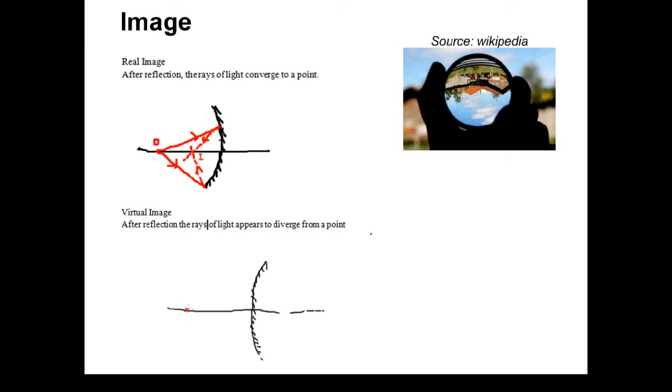Now the rays which originate from here will be incident on the convex mirror, and they will diverge like this. If a ray is traced backward, it meets the principal axis at the point I. Similarly, we can have one more ray here.